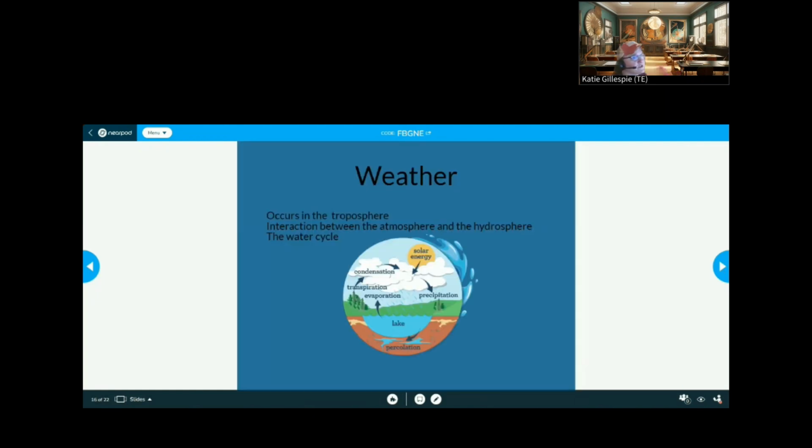Weather occurs in the troposphere, which is so important moving forward. This is so key right here. This next sentence: interaction between the atmosphere and the hydrosphere is what we get with weather. The interaction between the water that is here on Earth and the layers of the atmosphere gives us the water cycle. And that is so key when we're talking about the weather, which occurs in the troposphere.